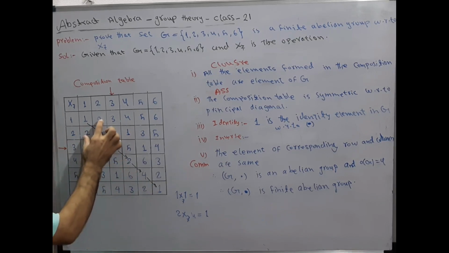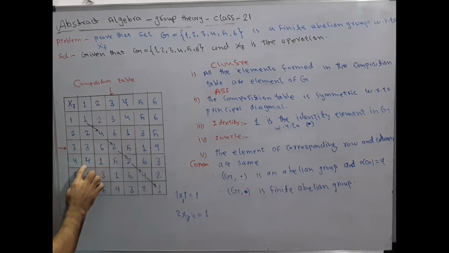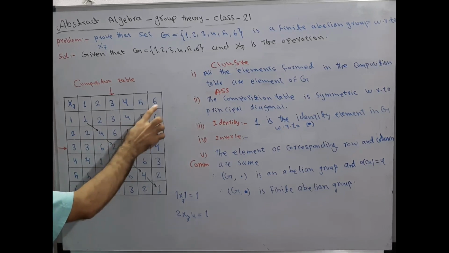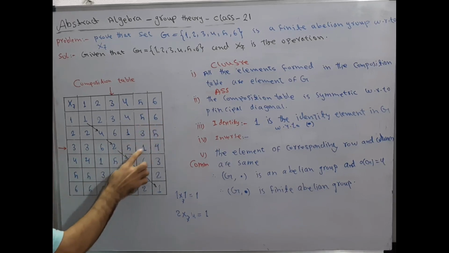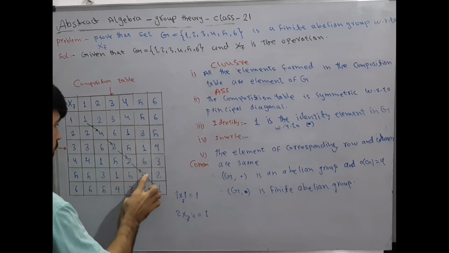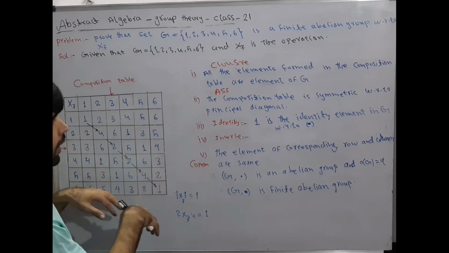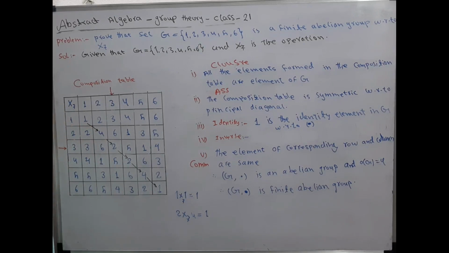So if we compare two elements, here 2, also 2, 3, 3, 6, 6, 4, 4, 1, 1, 5, 5, 6, 6. Similarly, 5, 5, 3, 3, 6, 6, 1, 1, 5, 5, 4, 6, 6, 4, 4, 3, 3, 2, 2. It means the associative axiom holds in the composition table.